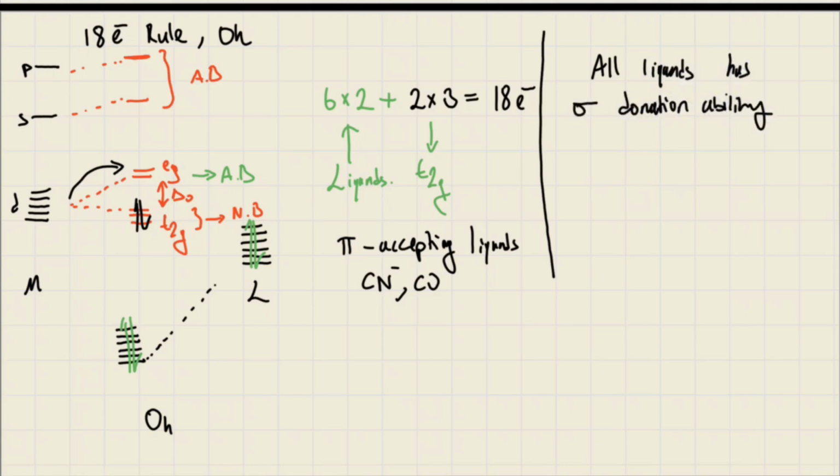But CN and CO ligands have stronger back-bonding ability, and this causes the higher octahedral splitting. When the splitting is high, then the EG orbital energy will increase, and increasing this energy will destabilize the molecule if we exceed the 18 electron. And therefore, pi-accepting ligands generally prefer the occurrence of 18 electron complexes.